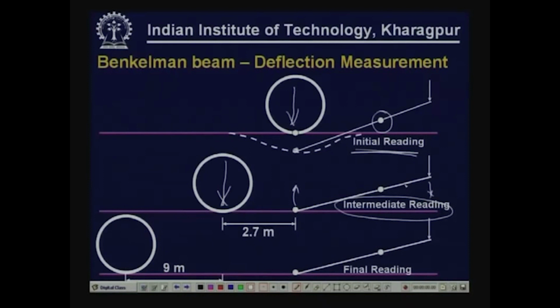In the final position, the load is moved by a further distance of 9 meters. In this position, it can be expected that the probe point, the pavement, fully rebounds, and the corresponding dial gauge reading is noted as the final reading.